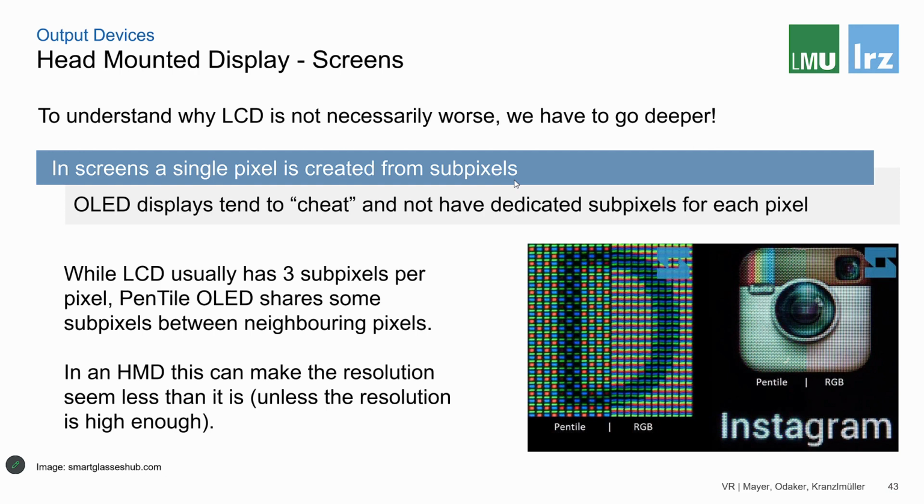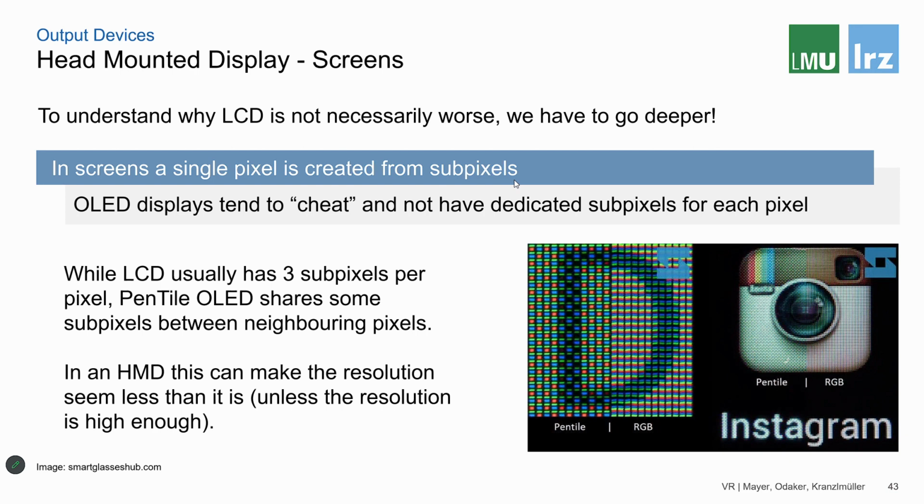Especially with OLED screens that are quite expensive, manufacturers sometimes cheat a bit. What they do is play around with the subpixel layout. In LCD screens, usually you have one red, one green, and one blue subpixel for each pixel. So each pixel is the same.